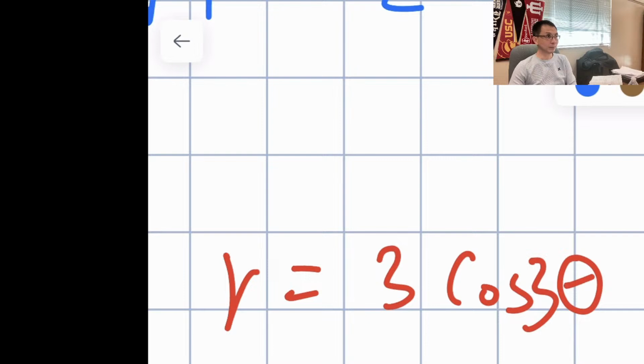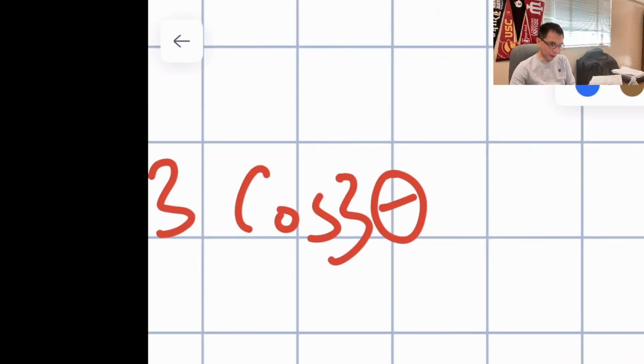Okay, so what we're going to do is cosine of 3 theta is equal to 0. When is cosine theta equal to 0? Pi over 2. Pi over 2 equal to 3 theta, right?